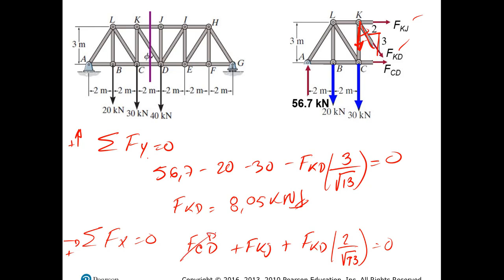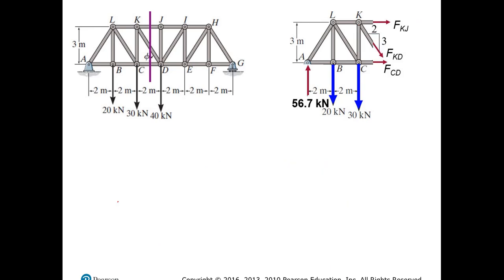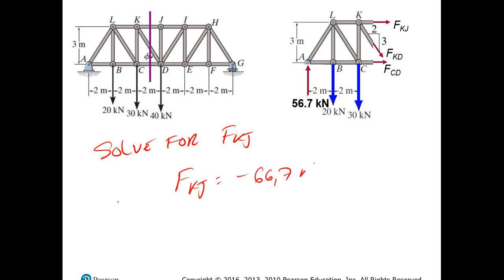This guy right here has been solved at 62.5, and then I also have this guy, which is 8.05. So if we solve for FKJ, we will get that FKJ is equal to minus 66.7 kilonewtons.